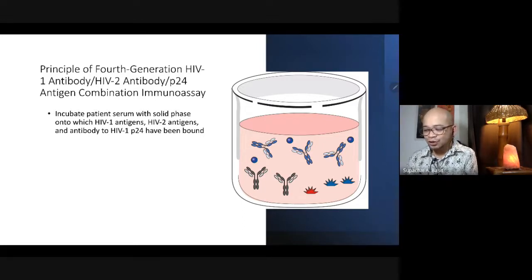So we incubate patient serum with the solid phase. And the solid phase contains two types of antigen, HIV-1 antigen and HIV-2 antigen. And it also contains antibody against HIV-1 P24.